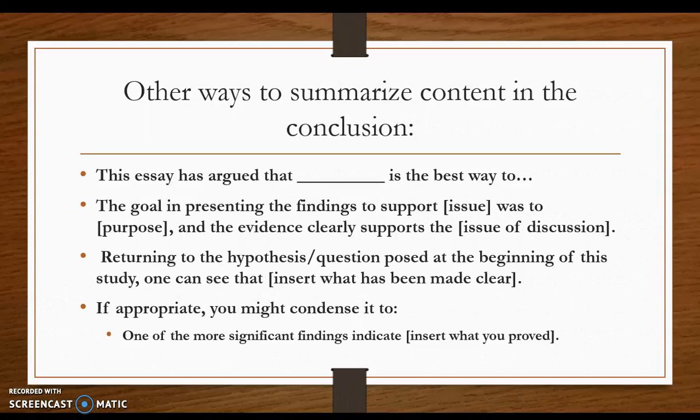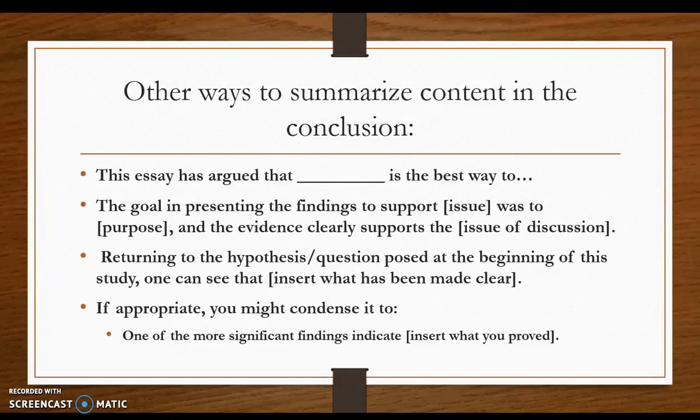This first one is really for lower level writing, perhaps high school or developmental writing, because it really announces it. So this essay has argued that blah blah blah is the best way to da da da. So you fill in the blanks to that, and it can work, but I believe that that one should be reserved for a little bit lower level writing, and some of these others are more appropriate for the higher level writers.